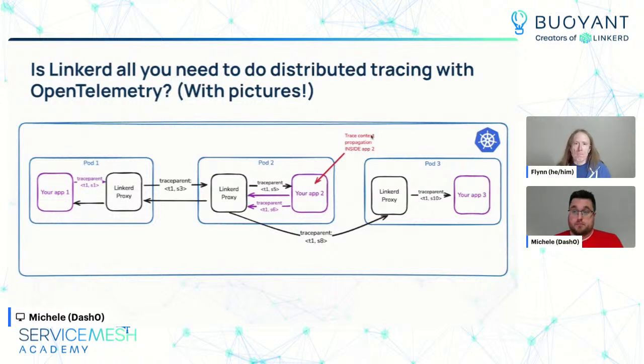If my application here in the middle, app 2, were to fail to propagate the trace context between the request it receives from application 1 and the one it issues to application 3, it would create a second trace, and I would have no information that the request I've received on application 3 originated from application 1.